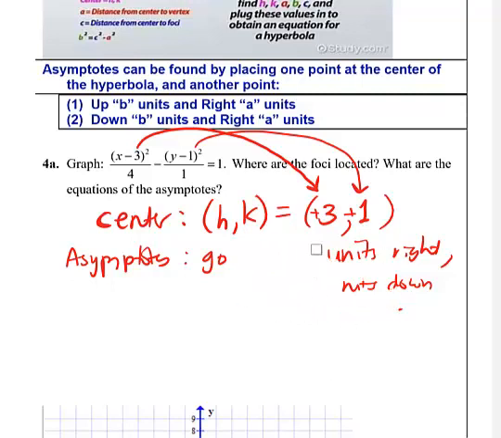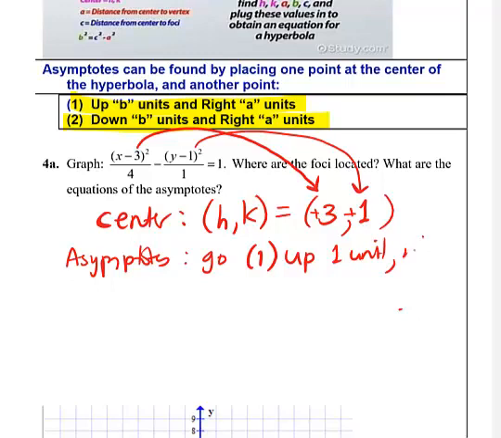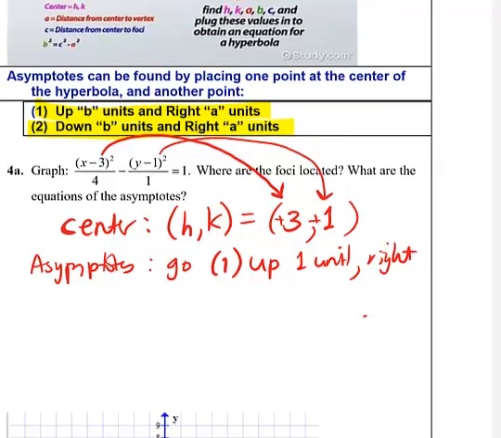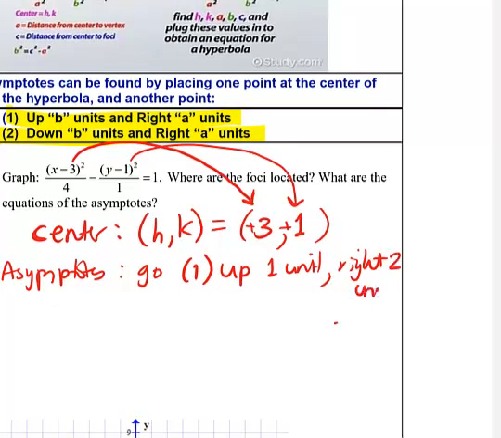I think there are 2 different steps there, 1 and 2 up above in this box. I was trying to do both at the same time, but it's 1 and then the other. So I'm going to go first up b units. b we said was 1. And right a units, which a was 2 we said. Alright, then I'll put a point there.